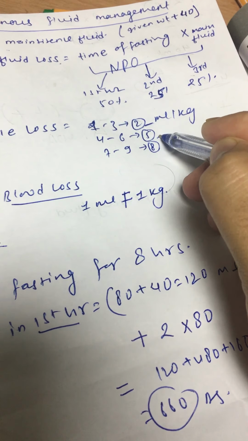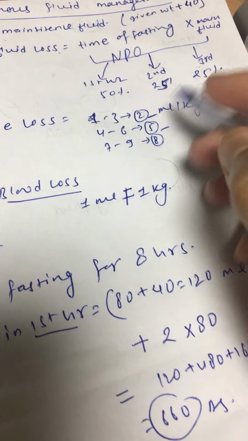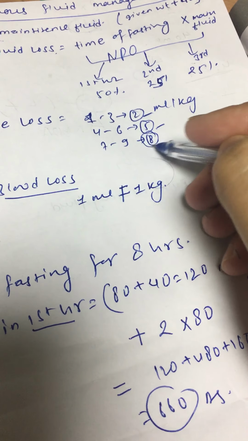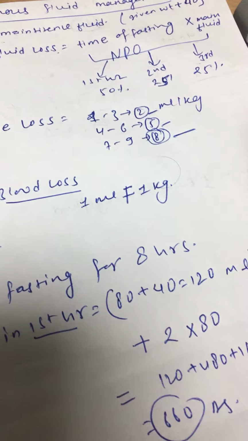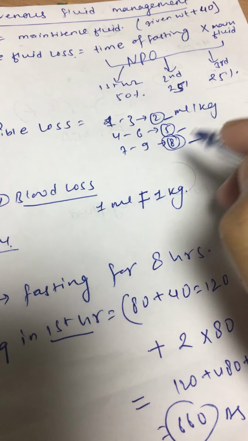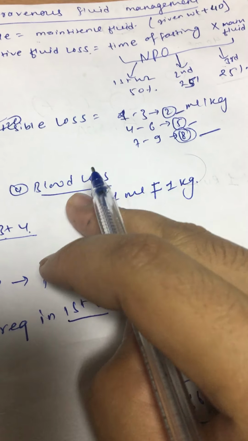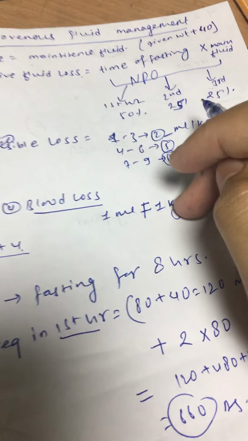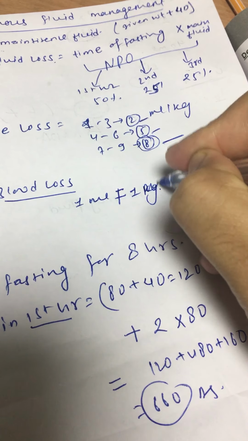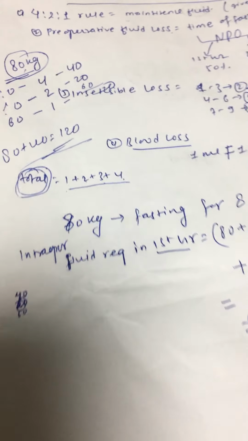If surgery is laparotomy but the volume of surgery is not so big, we will take 5. If the surgery is big, involving a large portion, then we will take 8. And blood loss: for 1 ml blood loss we will add 1 ml.